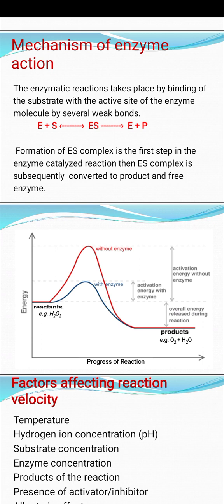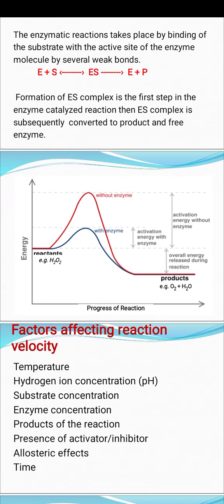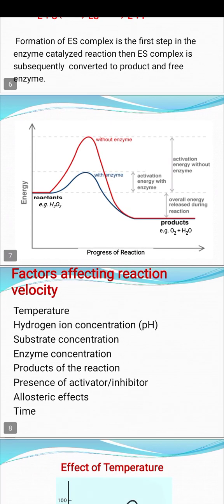The role of the enzyme is to increase the rate of reaction. In the blue line you can see the activation energy with the enzyme is low, so with the enzyme the completion of the reaction is faster.